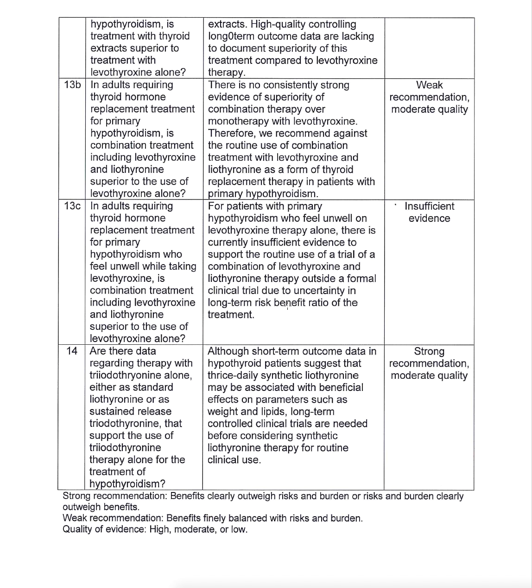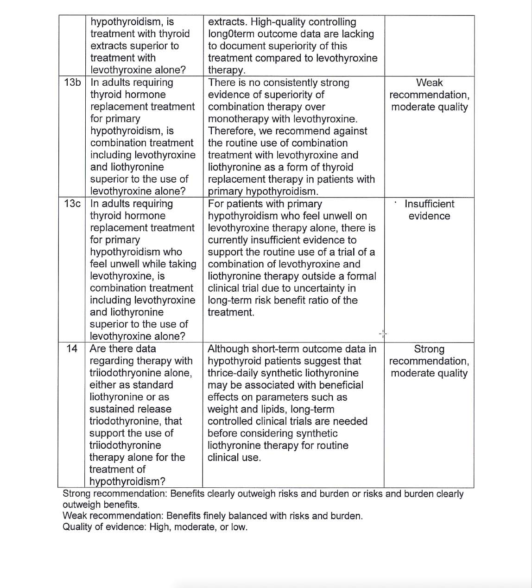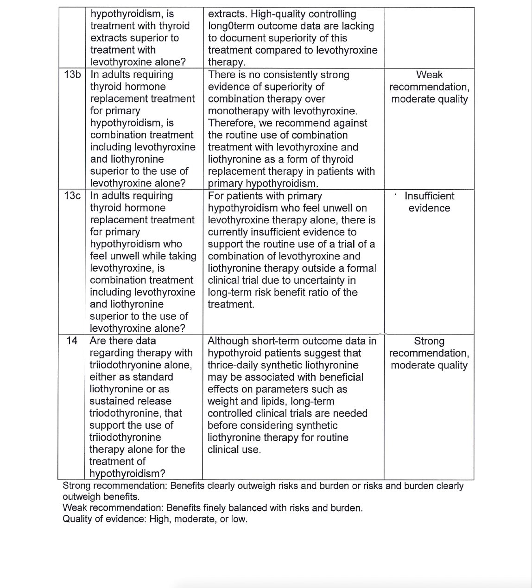There is some data suggesting that maybe some polymorphism or genetic change may lead to less conversion from T4 to T3. So maybe those patients will require T3 to have full thyroid replacement. But again, we don't have enough data to support that, and we don't have any routine lab to identify those patients who have genetic dysfunction or polymorphism. So at this point, the guideline does not recommend the routine use of combination therapy.